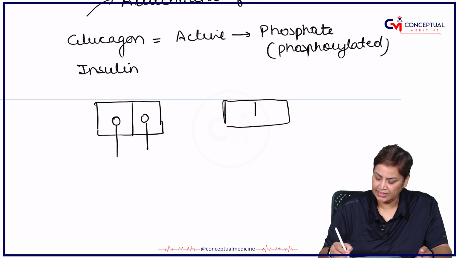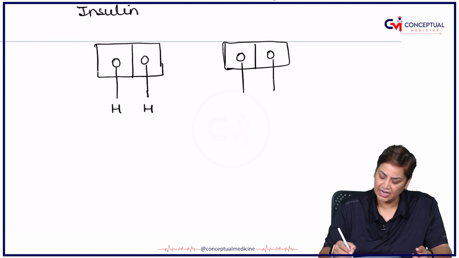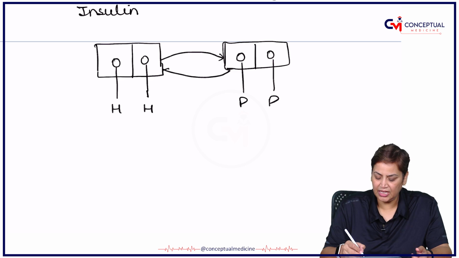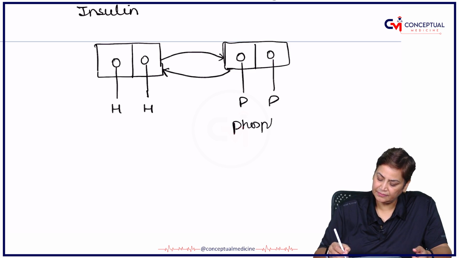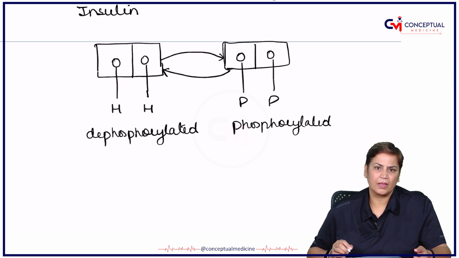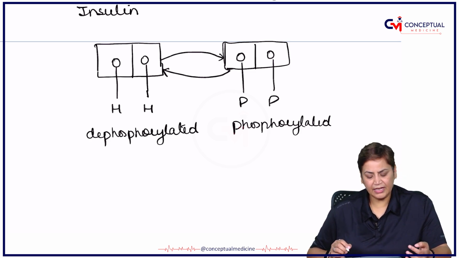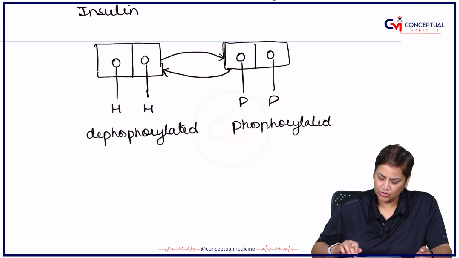One is the active form and the other is the inactive form. The difference is simply whether OH or OP is there. So we are changing the conformation of the enzyme. This is phosphorylated and this is dephosphorylated. This is one example I am quoting, and depending upon that, different enzymes are there as per their function.